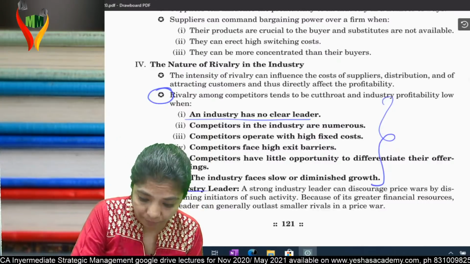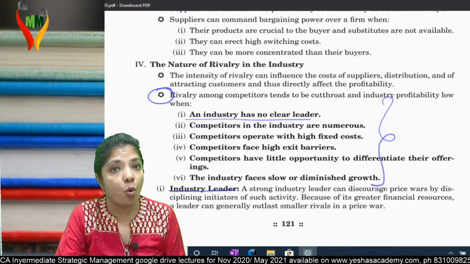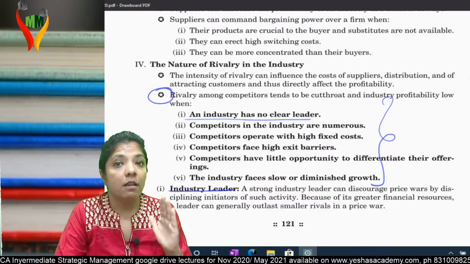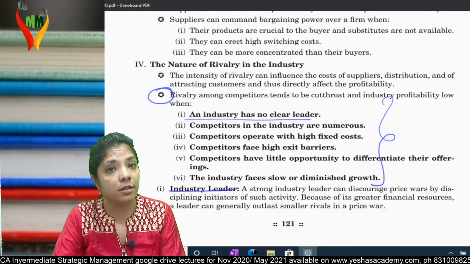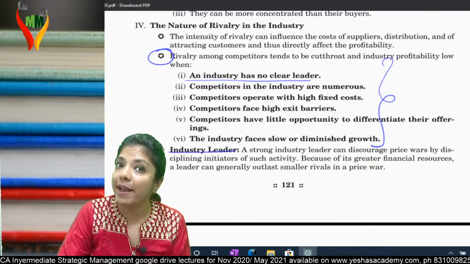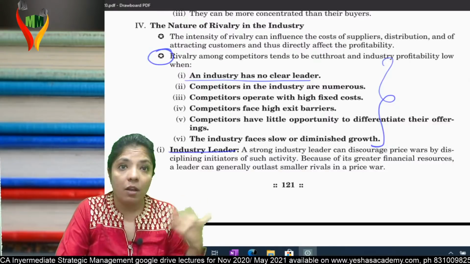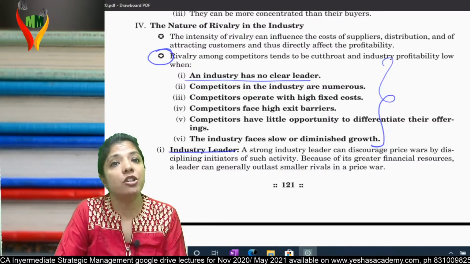So what they explain: a strong leader can discourage price war by disciplining initiators of such activities. Because of its greater financial resources, a leader can generally outlast small rivals in a price war. I hope you're with me. So understand what is happening over here. A leader is there. Why is he a leader? Because he's financially very strong.